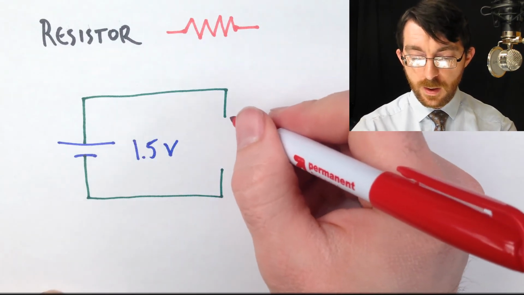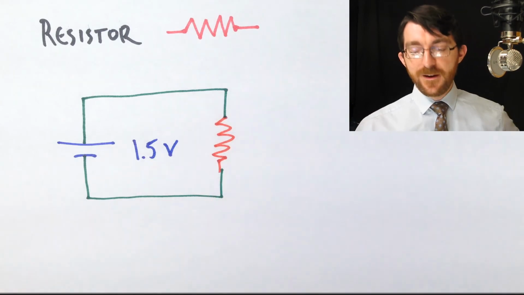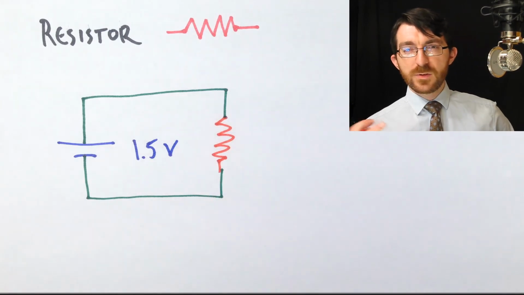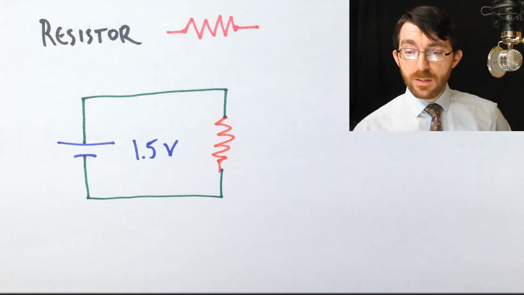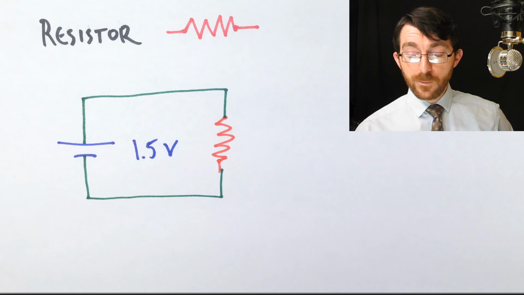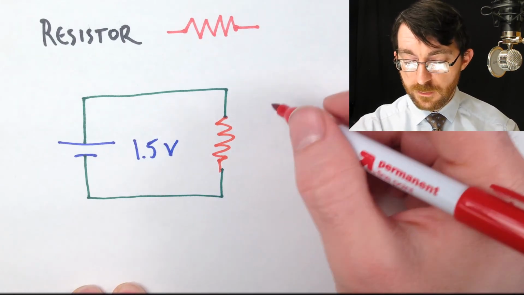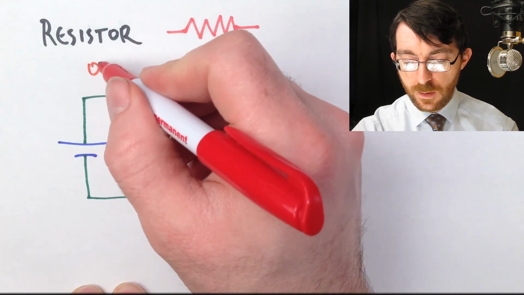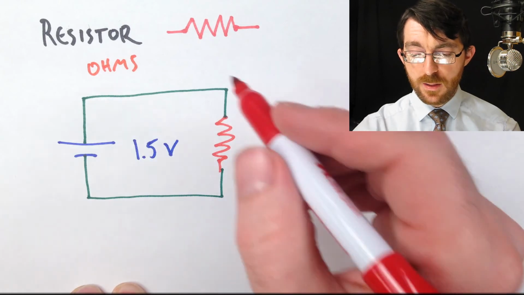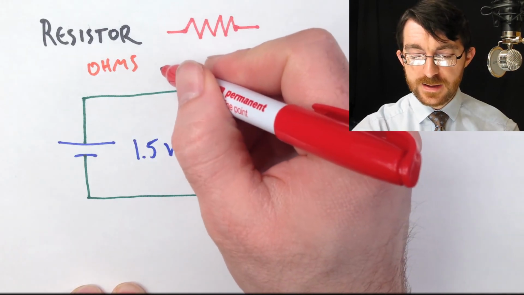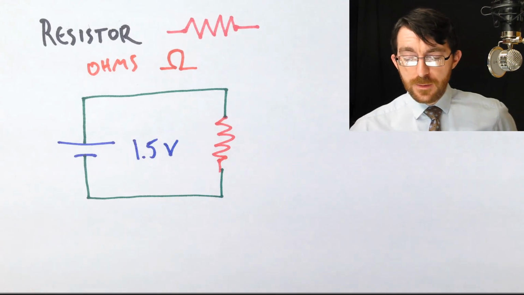This time we're going to stick a resistor in there. Now, different resistors can resist electrical flow to different degrees. And the unit for resistance is called an ohm. So actually I should write that up here. OHM, and the abbreviation for that is the Greek capital omega. That's the last letter in the Greek alphabet.